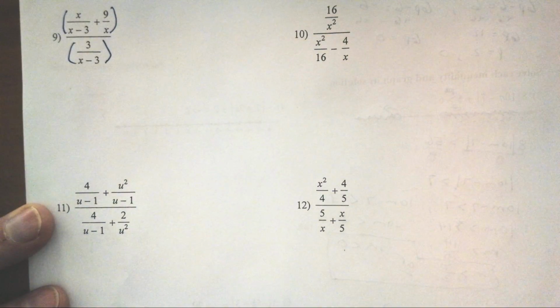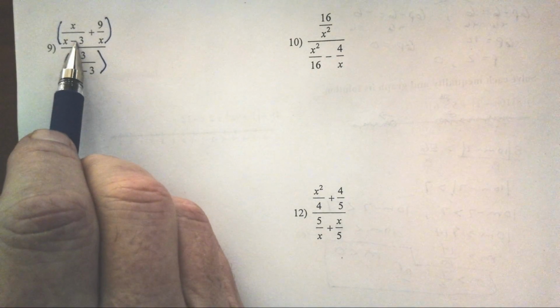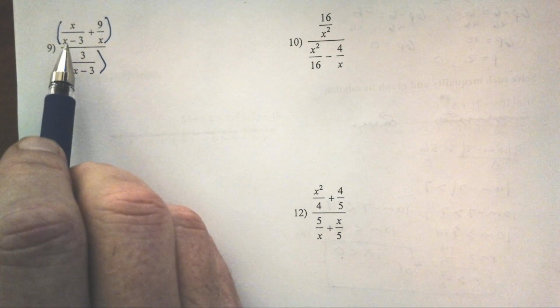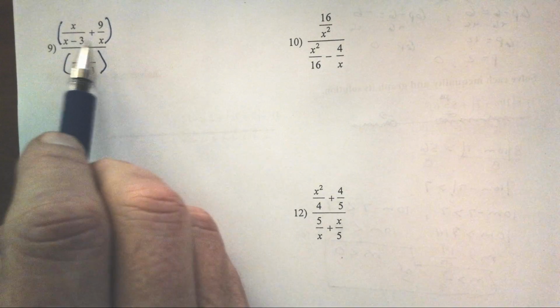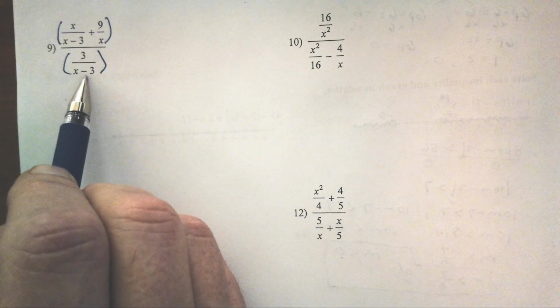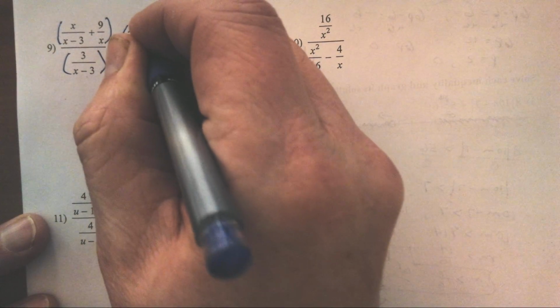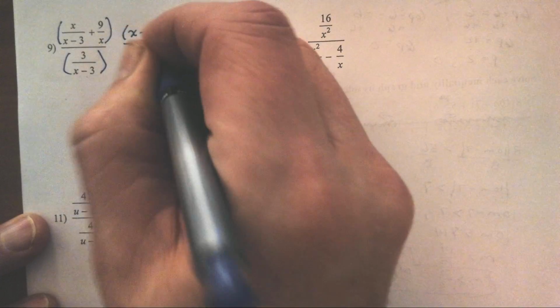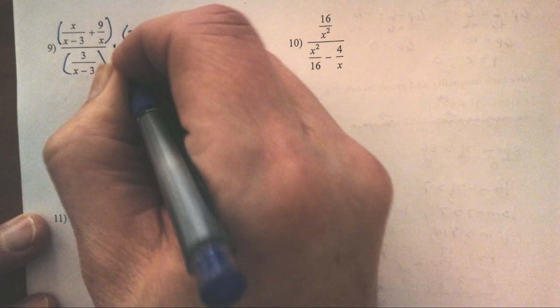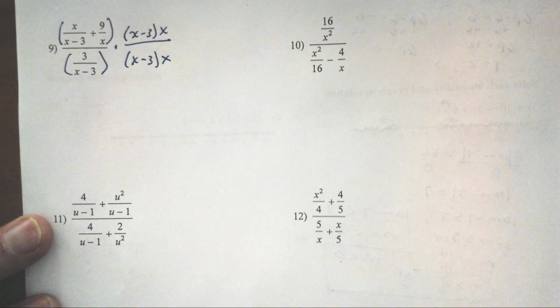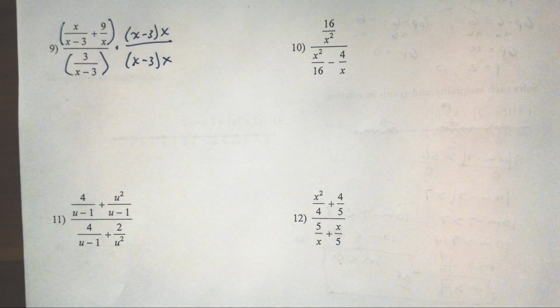If you can find the least common denominator from this term and this term, I need a factor of x minus 3, I need a factor of x, I need a factor of x minus 3, I've already got one. If you multiply this by x minus 3 times x, the least common denominator, over x minus 3 times x, you can clean this in one step. We won't have compound fractions anymore.